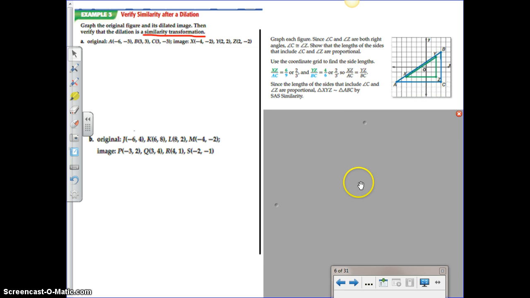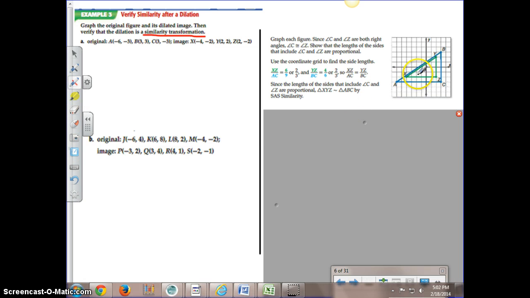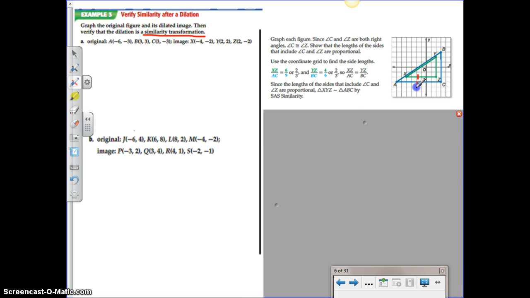Since those sides, XZ and YZ, are proportional, I'm marking them with congruent marks, but they're really not congruent. They're just proportional. And we can see that they're sandwiched by a right angle. So by side angle side, this triangle is similar to this triangle.